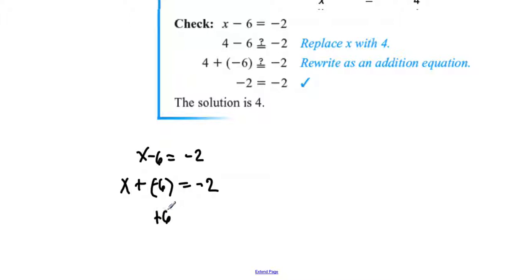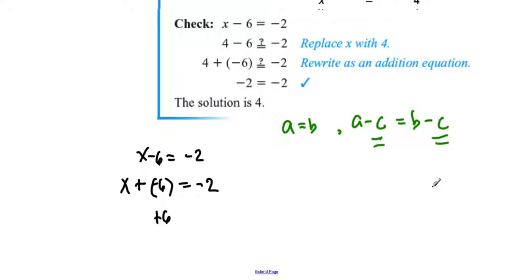So remember, it's an equation, and the subtraction property of equality simply states this, that if A is equal to B and A minus C is equal to B minus C. Okay, so that is the subtraction property of equality.